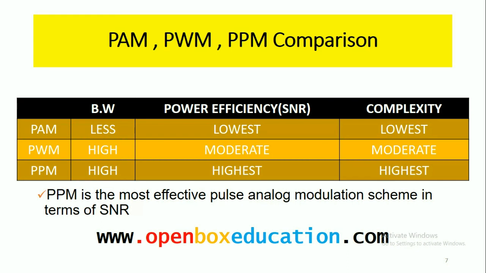In terms of complexity, PAM has less complexity, PWM has moderate, and the complexity is more for PPM. But PPM is the most effective pulse analog modulation scheme in terms of signal to noise ratio. This is about the comparison of PAM, PWM and PPM.